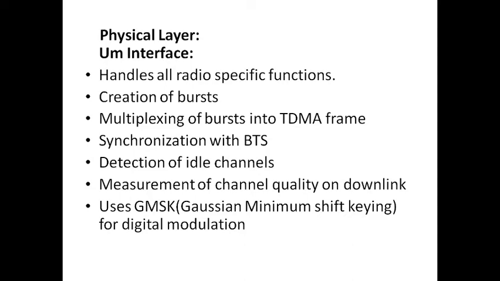It also uses GMSK. These are the main things which the physical layer performs. Creation of burst is done in five different formats. In the last class we discussed the radio interface.